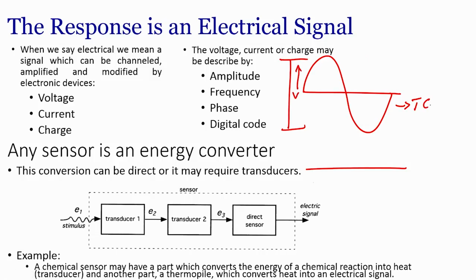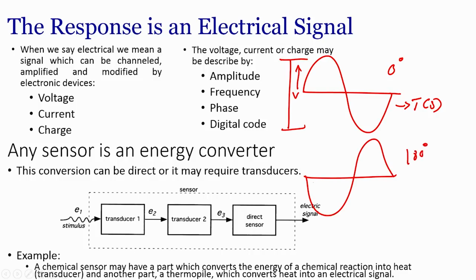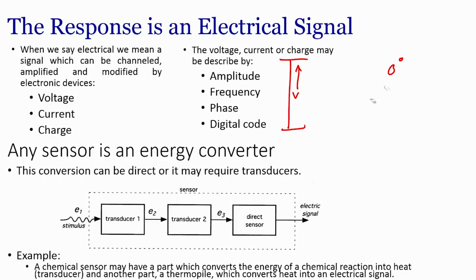Let us say if I increase it, the frequency is higher, right. It depends on phase; let us say this is 0 degree, then if I have a signal, this is 180 degree phase, right. It depends on digital code. So, it not only depends on the amplitude, frequency and phase, but also on the digital code of the signal.